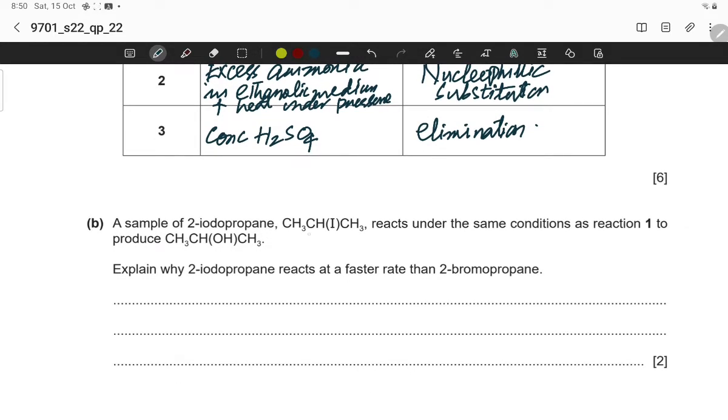A sample of 2-iodopropane reacts under the same conditions as reaction 1 to produce CH3CHOHCH3, 2-propanol.